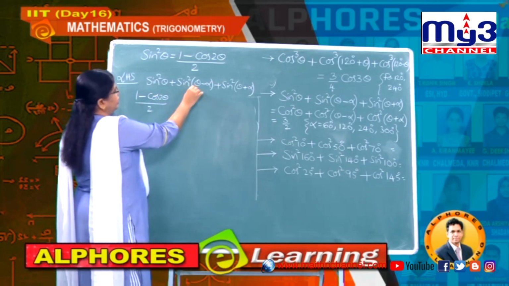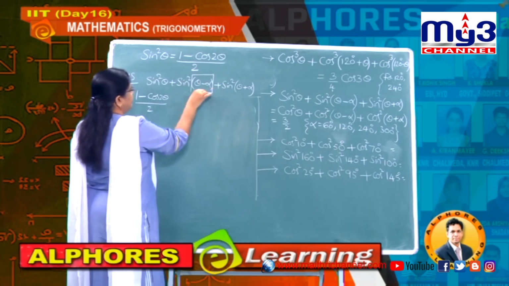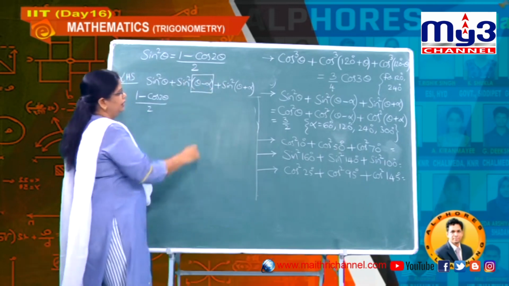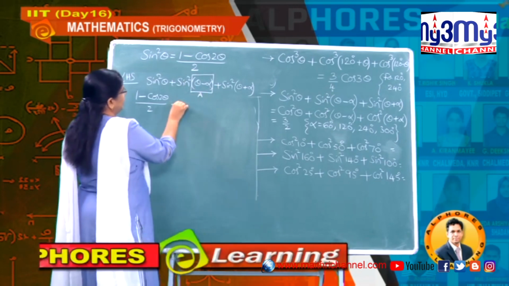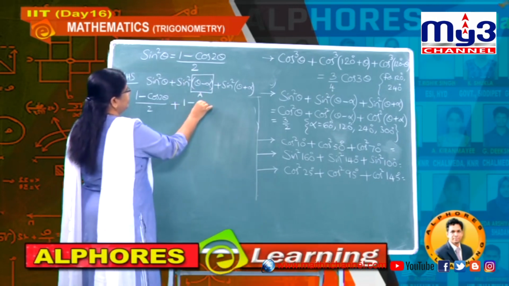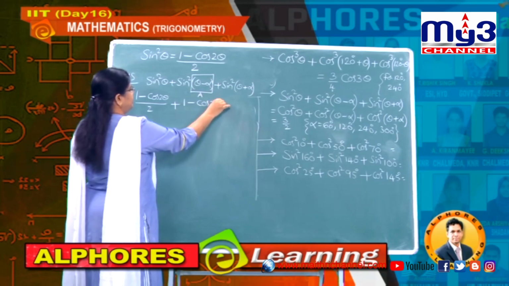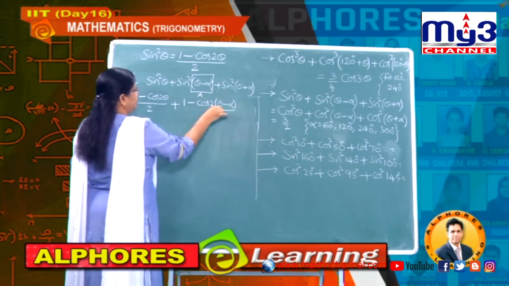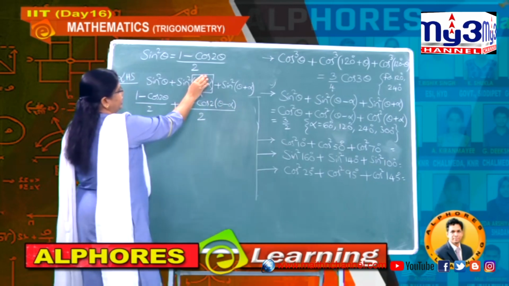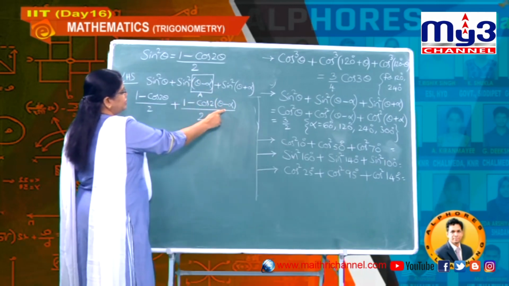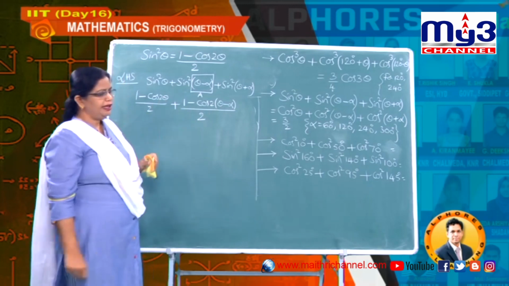Now here, instead of theta you are having theta minus alpha. This entire thing is now your angle. So here I am writing 1 minus cos 2 into theta minus alpha, divided by 2. So, if this entire value is A, then 1 minus cos 2A divided by 2.